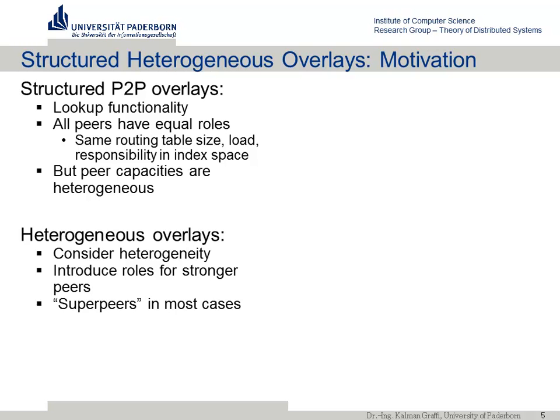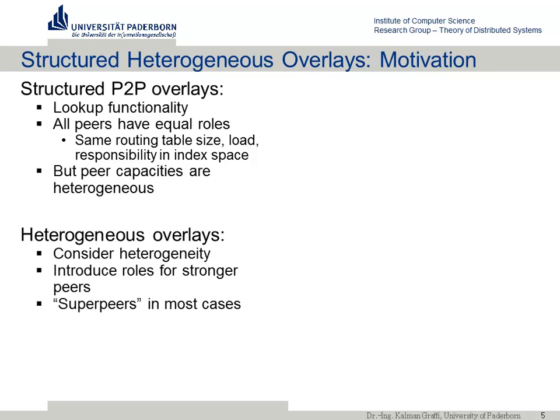So the goal for these heterogeneous overlays, that's why the term heterogeneous, is to consider the difference in the nodes and to introduce different roles for different peers. And typically this is done by so-called super peers, so they have stronger responsibilities and more to do because they also have more power.